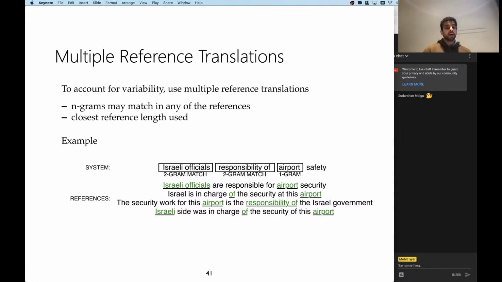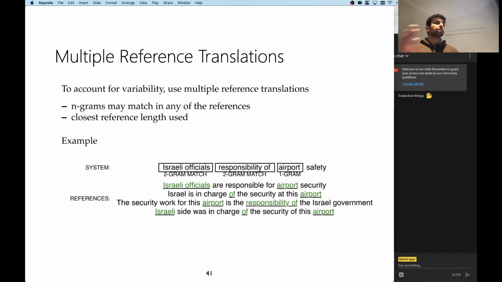So BLEU was very useful when machine translation systems were bad, because there were potentially large gaps in the BLEU score that would tell you that clearly system A is better than system B because its precision of words and bigrams is higher. But nowadays, our machine translation systems are much better than they were even 10 years ago.